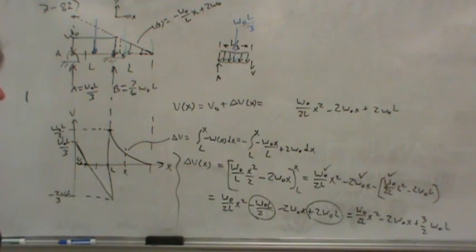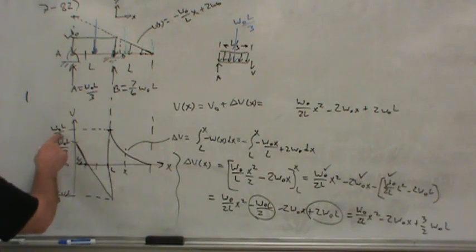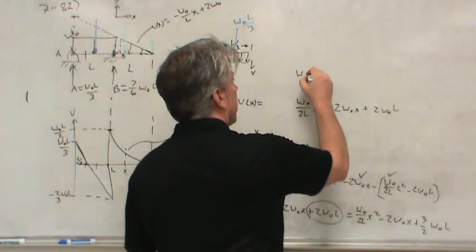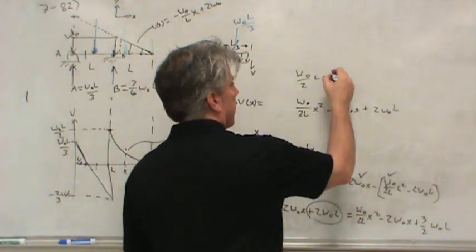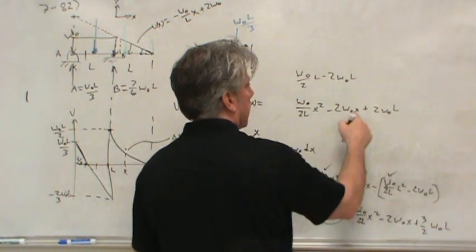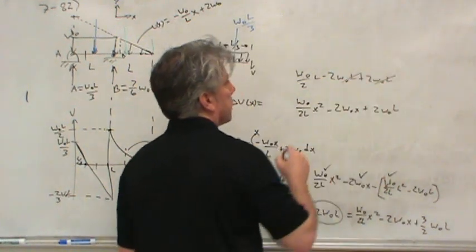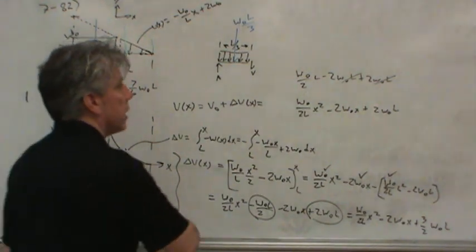Let's check and see if it works. For example, let's plug in x equal to L. We should get W naught L over 2. So if we plug in L here, what do we get? Well, W naught over 2, one of the L's will cancel, we'll have that, minus 2 W naught L, because we're plugging in x equals L, plus 2 W naught L, these two cancel, and sure enough, we have W naught L over 2. Well, that worked nicely.